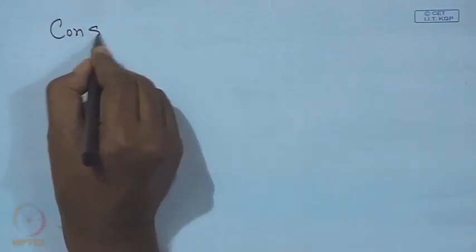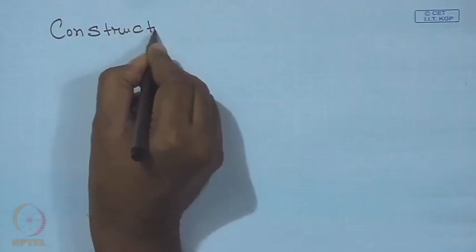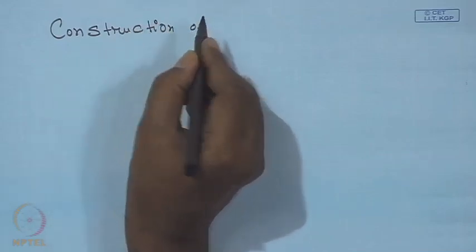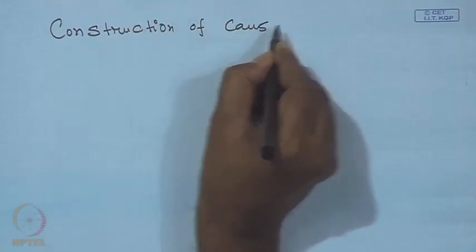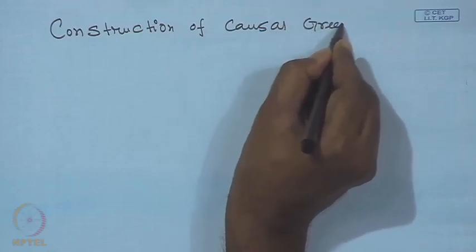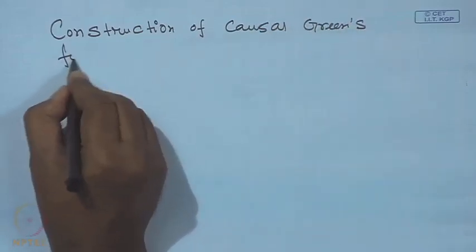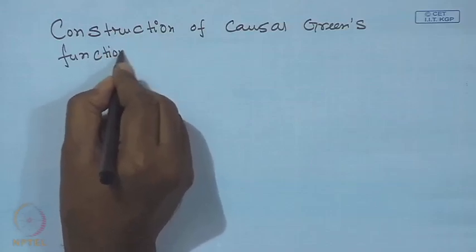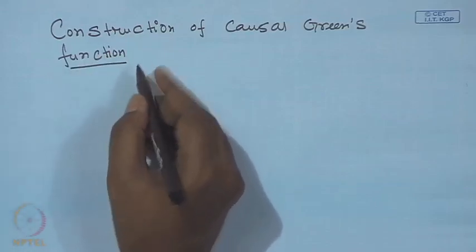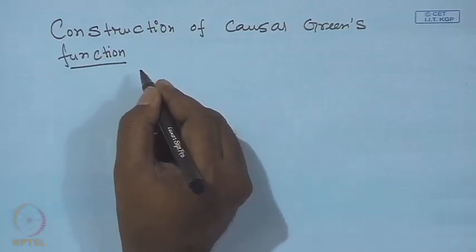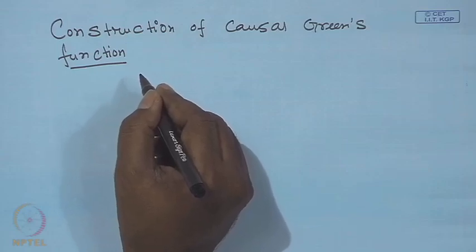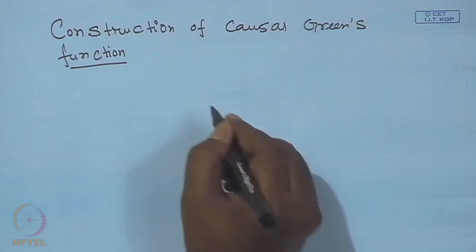So, if you remember the first step, construction of causal Green's function. So, we do that. Okay. So, what is the construction? It is a 2-dimensional problem. So, we used to have a unit impulse at the location x naught t naught, that is number 1.